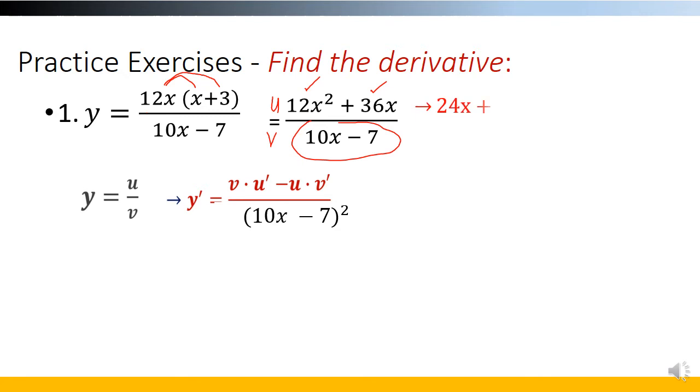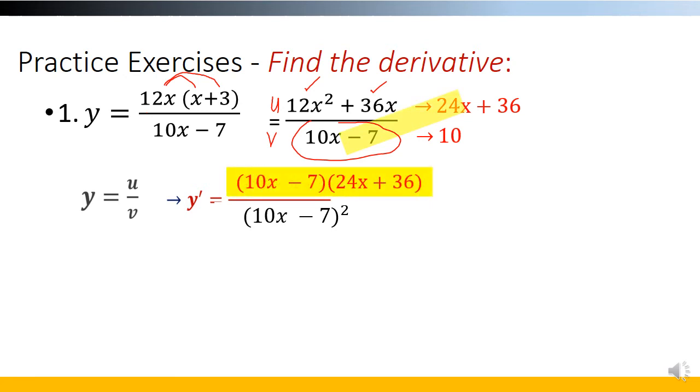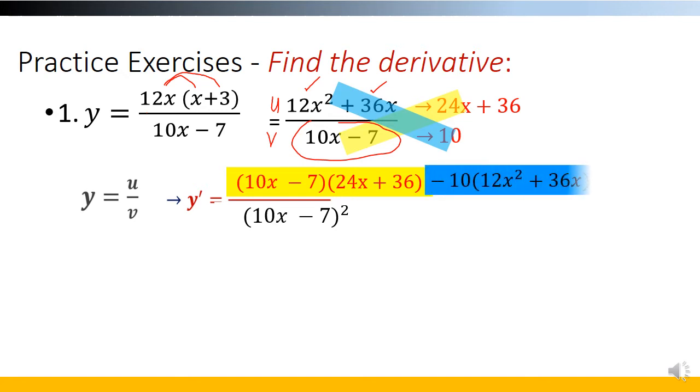Okay, now for the derivative of the numerator, we have 24x plus 36, whereas for the denominator, it's just 10. Okay, so yung vu prime natin, it's a matter of getting this product. Ayan, so we have the product of 10x minus 7 times 24x plus 36 minus, ayan, the product of this. So that would be 10 minus 10, quantity 12x squared plus 36x.